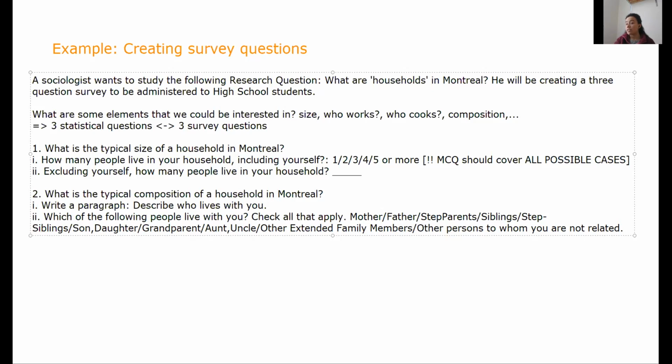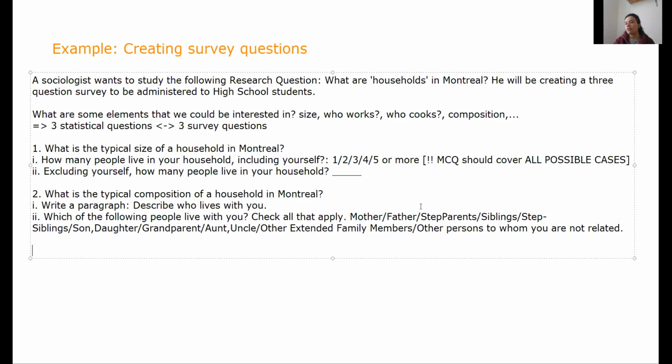All right. So according to you, if you were to conduct a statistical study, which of these two questions would be easier to use data from? The first or the second version of the question? The second, right?